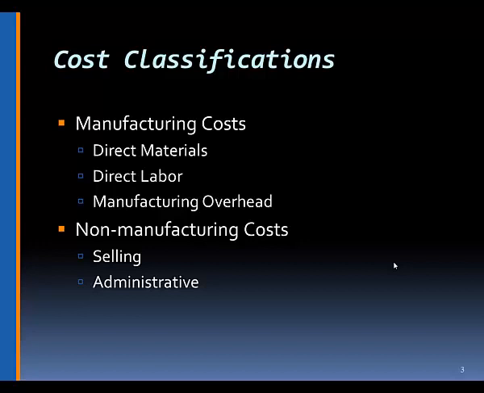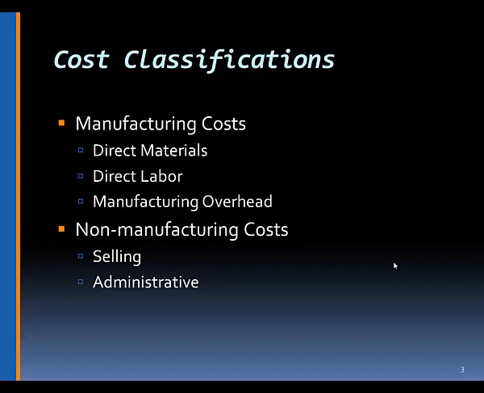That is the direct material. For something to be direct labor, it has to involve someone laying their hands on the product or operating a machine that makes the product. Everything else is considered to be manufacturing overhead: factory supervision, factory utilities, factory property taxes, things of those nature.